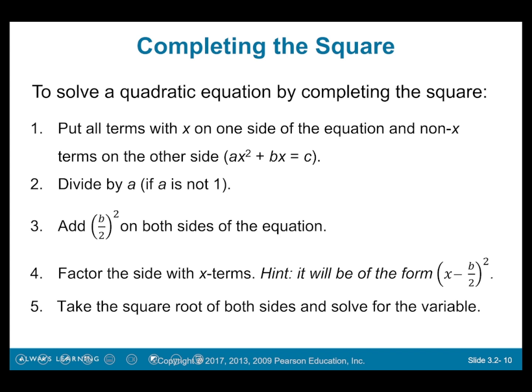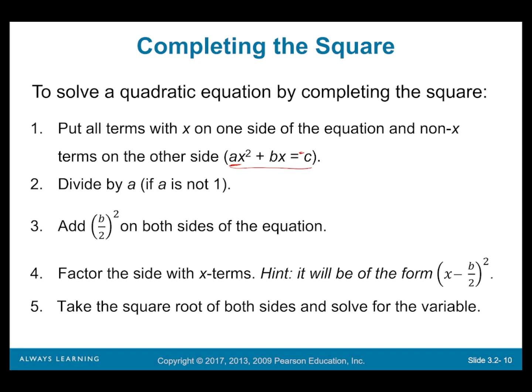First off, we're going to put all x terms on one side and non-x terms on the other. So for example, we'll be looking at this: ax squared plus bx equals c. Your c will likely change in sign. Just note when you move it to the other side, it becomes negative. If a is not 1, so if there's actually a coefficient in front like we've been seeing, we're going to divide each term by that a value to reduce it.